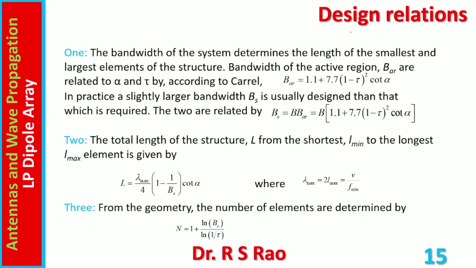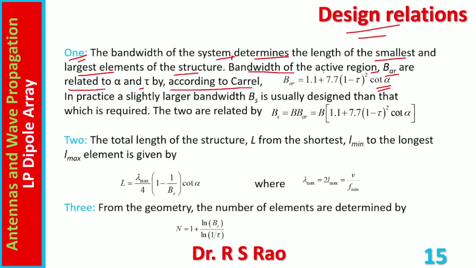Certain design relations are provided here. The bandwidth of the system determines the length of the smallest and the largest elements of the structure. The bandwidth of the active region, BAR, is related to alpha and tau by, according to Carroll, BAR is equal to 1.1 plus 7.7 multiplied by (1 minus tau) whole square cot alpha.